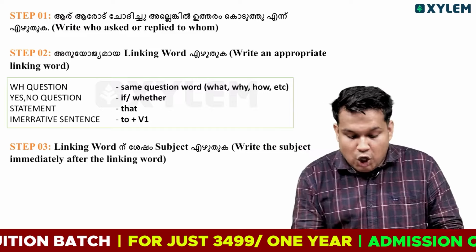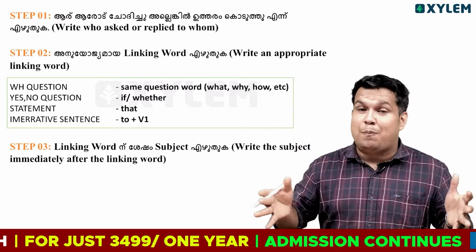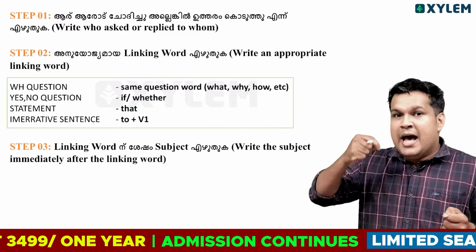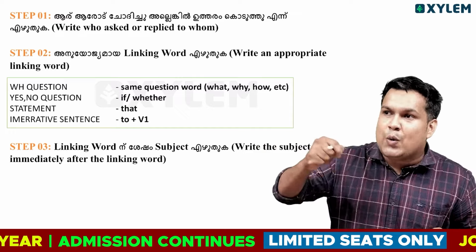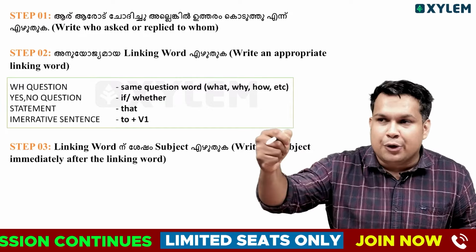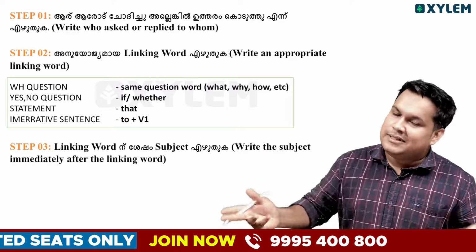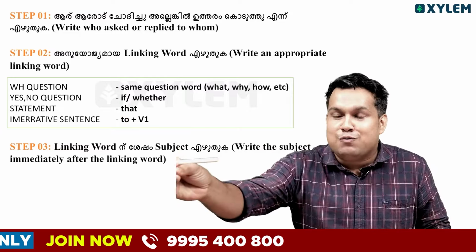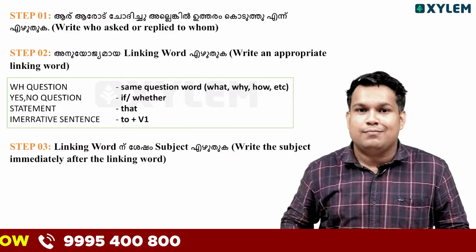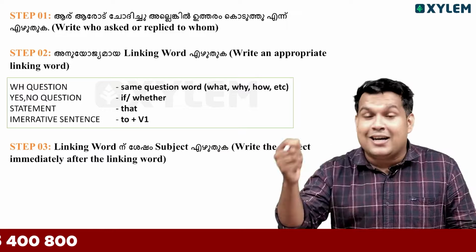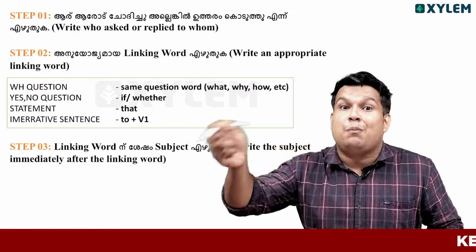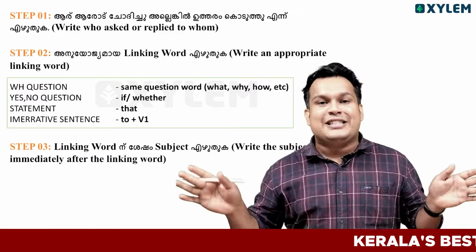It's very simple. To plus V1, or to plus base form. For example, Nasser Faruddin requested Arjun to close the door. Simple. Will you please bring me a glass of water? Nasser Faruddin requested Arjun to bring a glass of water. So it is as simple as that.